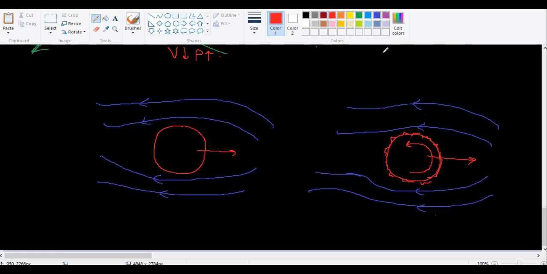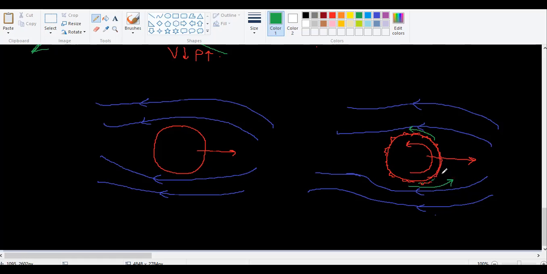Now carefully observe: the air molecules very closely attached to this side of the ball will try to flow along with the ball, whereas the air molecules attached on the lower side, very close to the basketball, will try to go this way.